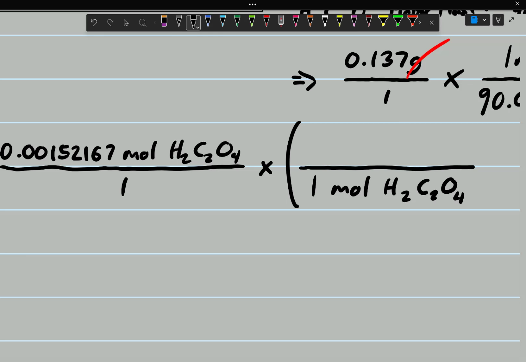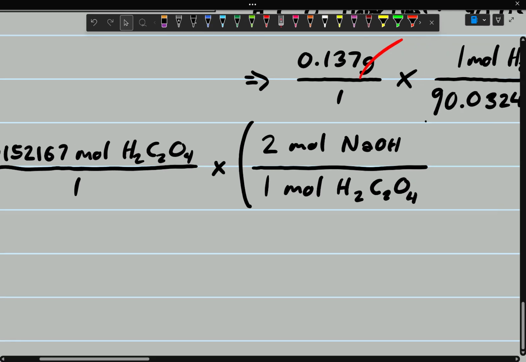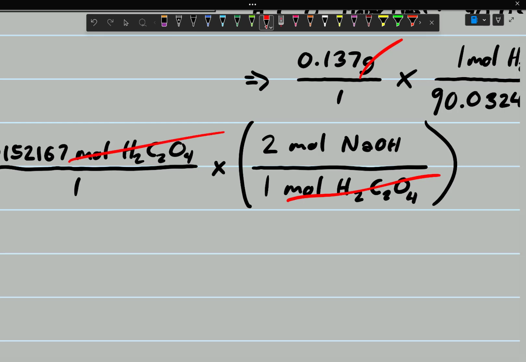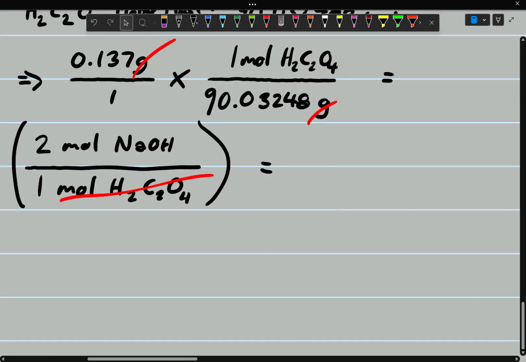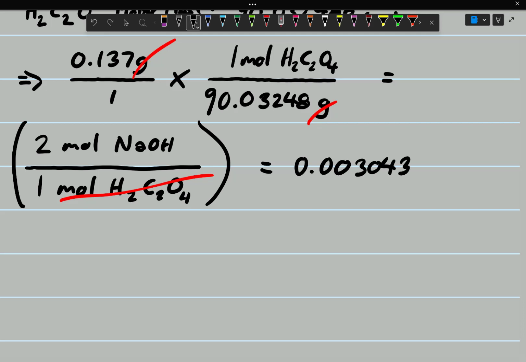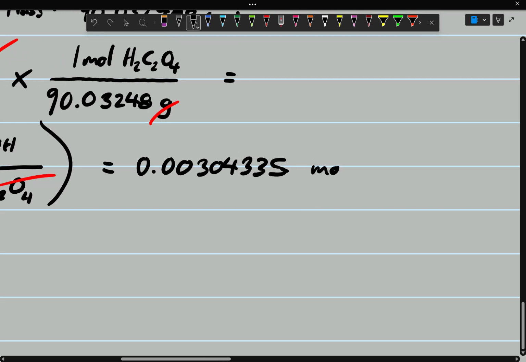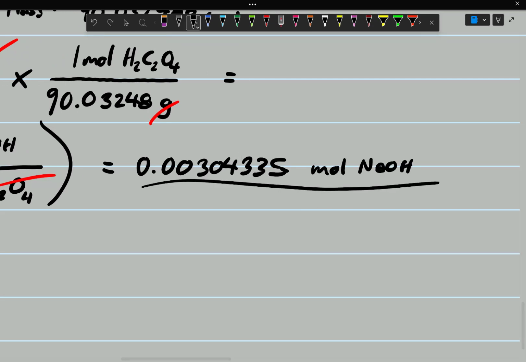And for every 1 mole of acid, we have 2 moles of base, which is NaOH. So moles of acid cancel, and we are left with 0.00304335 moles of NaOH. And now we have moles.